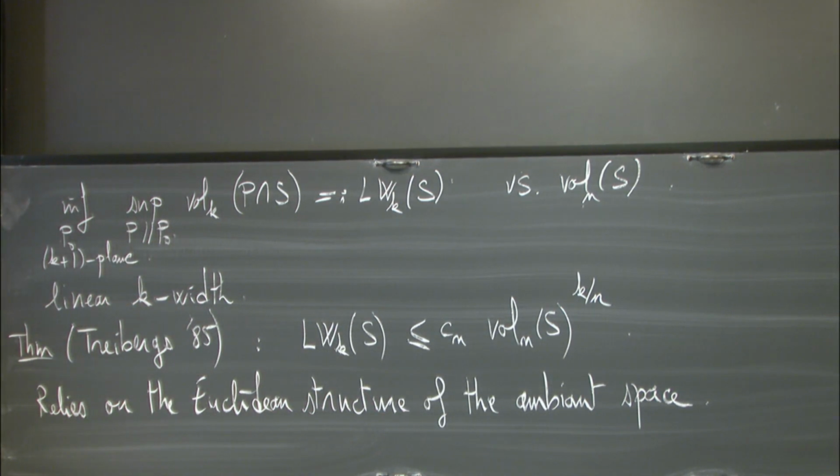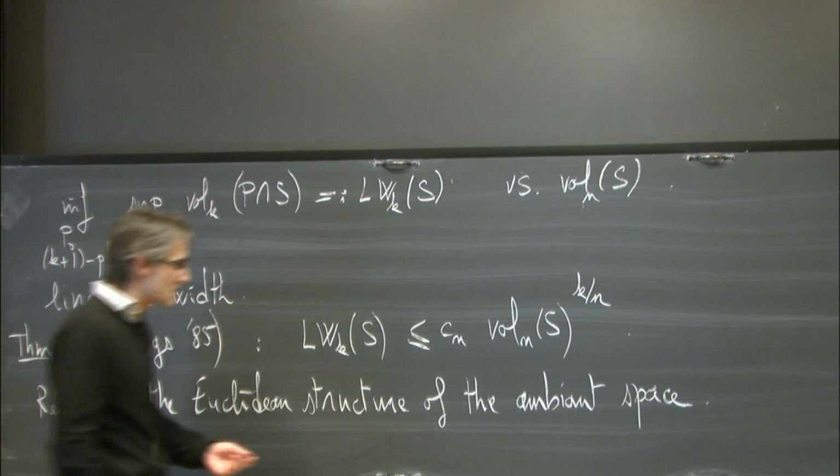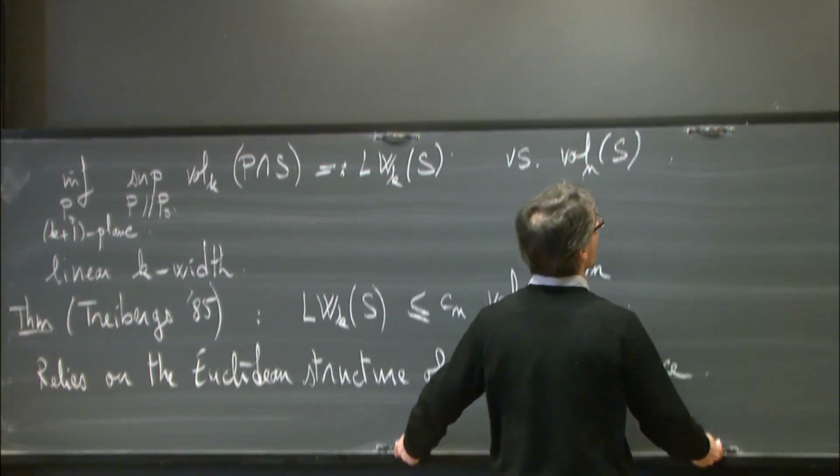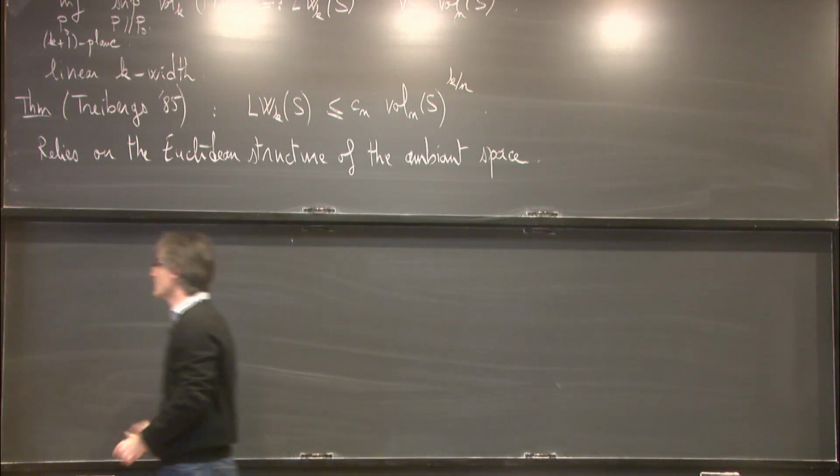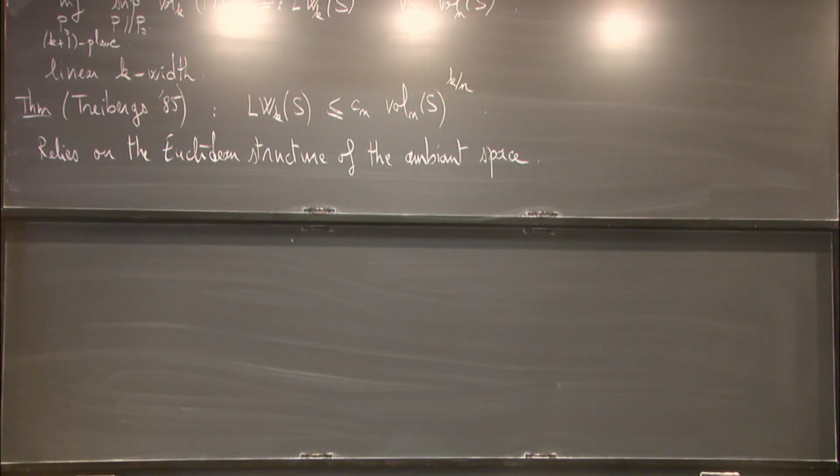And so what we want to do in Riemannian geometry is try to deal with abstract Riemannian manifolds. So that's an example of what I mean by a sweepout inequality.